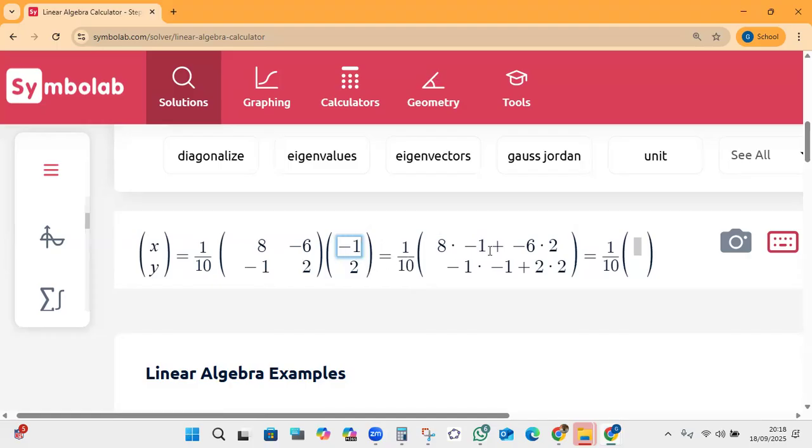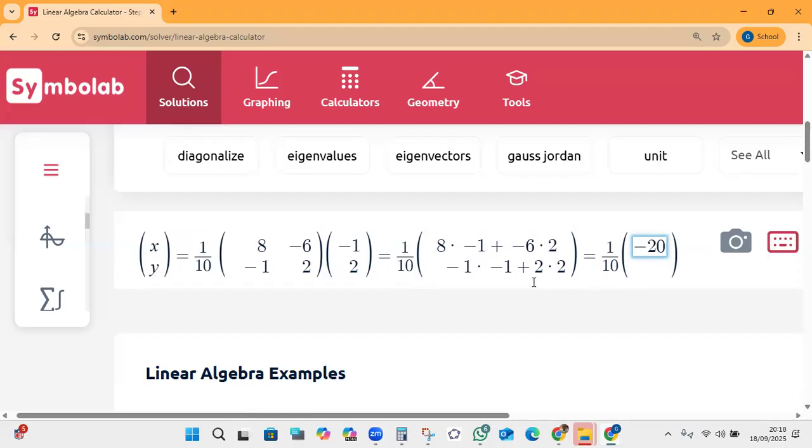We should also get multiples of 10 because we have to divide by 10 at the end. So that's a -8 and a -12, since -6 times 2 is -12. -8 and -12, that's -20. Good. But we have to divide by 10.